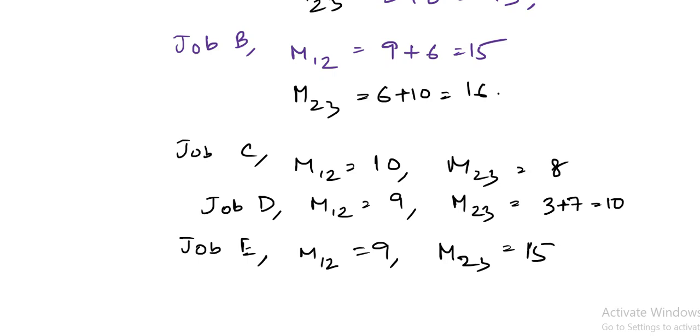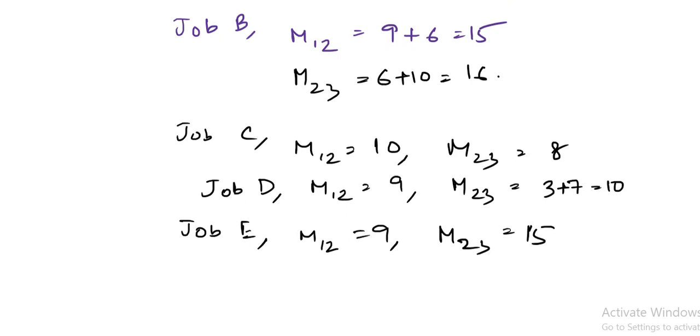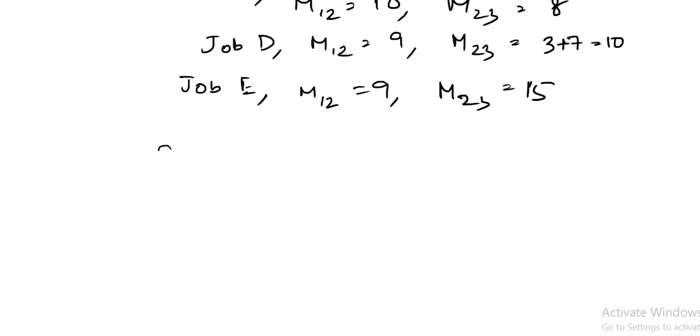Now apply Johnson's rule. Identify the smallest processing time among all jobs in M12 and M23.